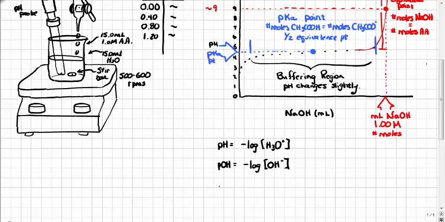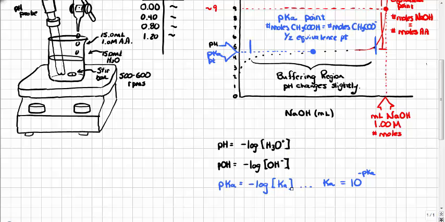In a similar way, we can also say that the pKa is equal to the negative log of the Ka value. And from this definition, with a little bit of algebra, we can actually determine a value for K sub A. K sub A will be equal to 10 to the negative pKa.